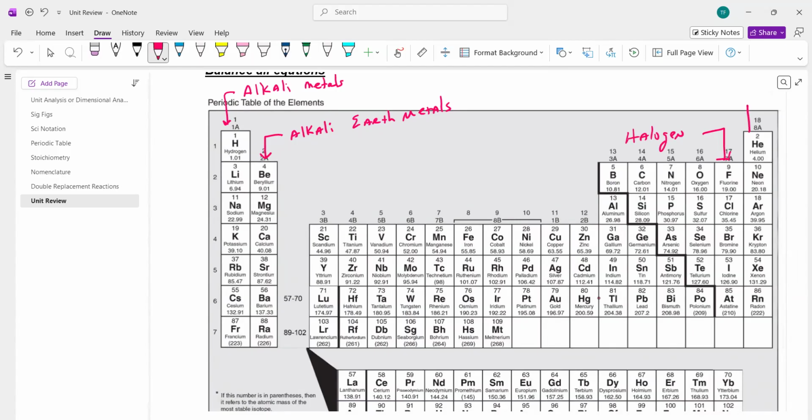And then noble gases. And there are three more groups. There's the metals. Now the metals, a lot of people miss this.